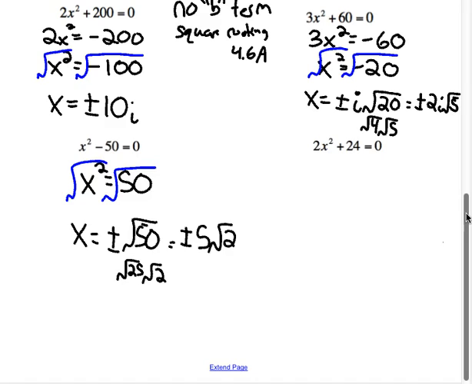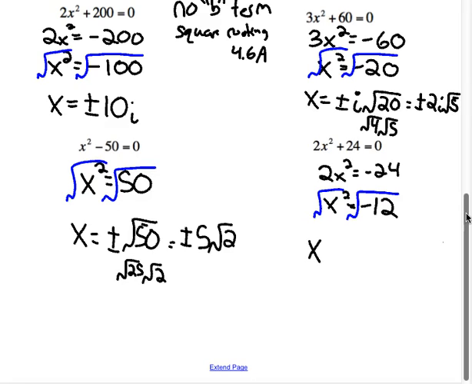And my next one, subtract the 24, divide by 2. Again, the first goal being get the square root by itself, or the x squared by itself. Now I square root both sides. And here, of course, I do have the negative again.